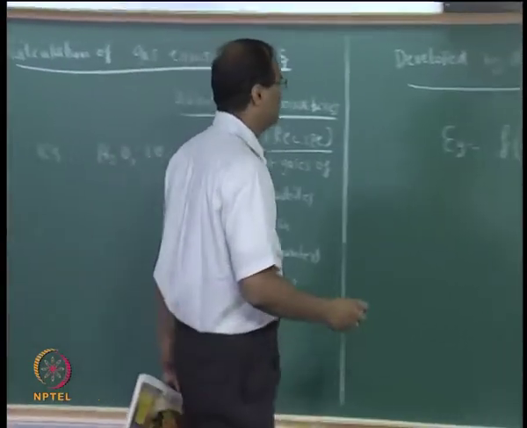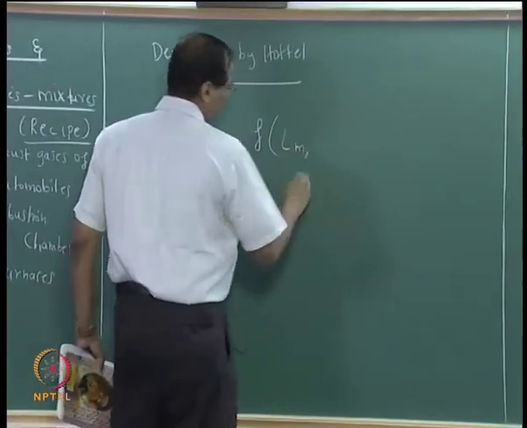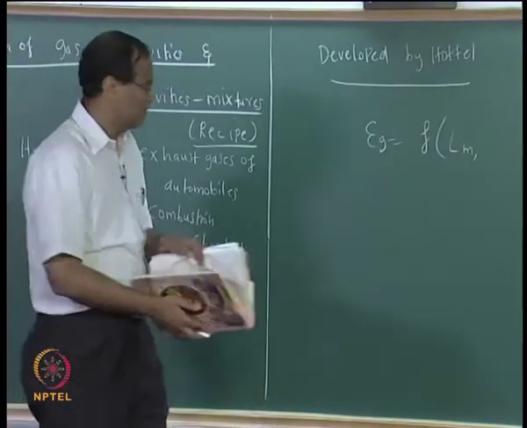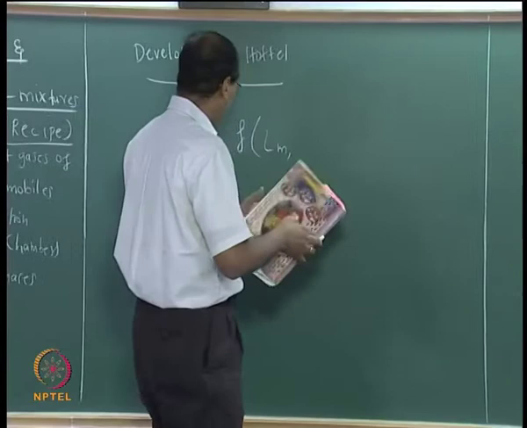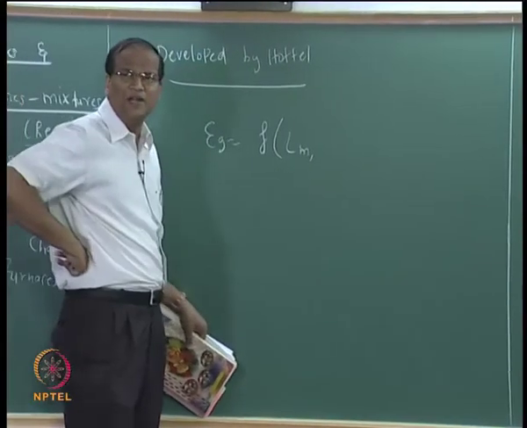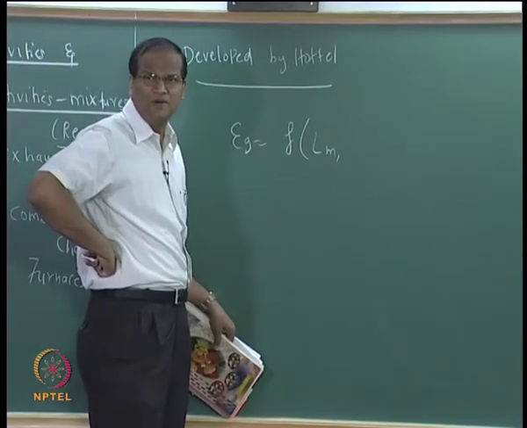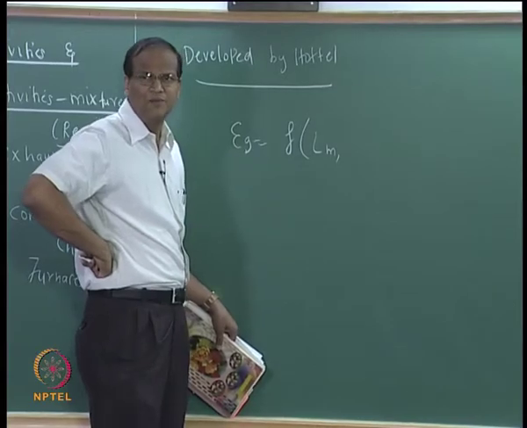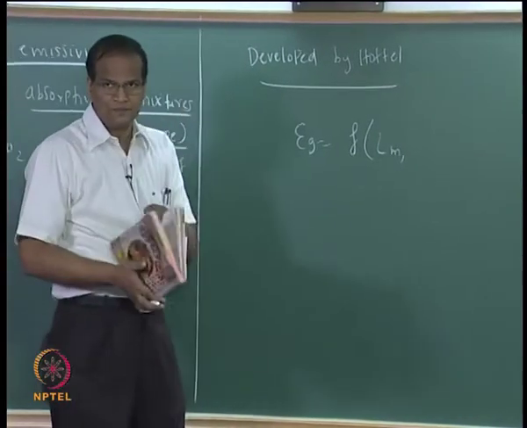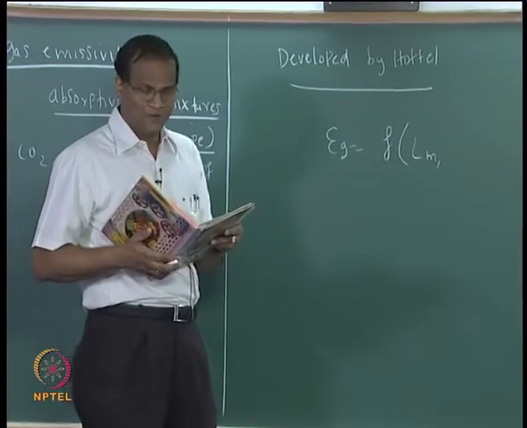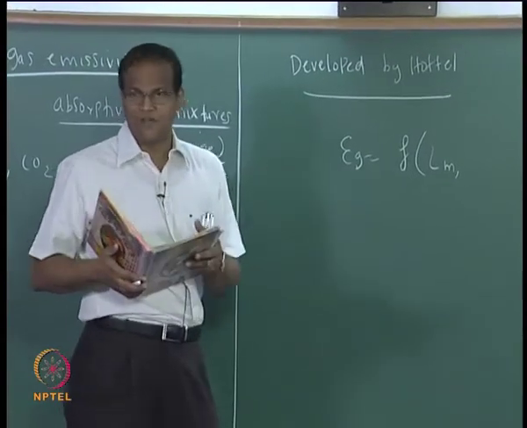So, can we start with mean beam length, okay, mean beam length. So, epsilon g, why should it vary on optical depth? Optical depth will decide the absorption, okay. No, that is not possible always, we will see that.